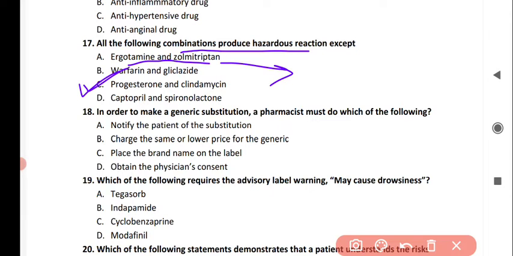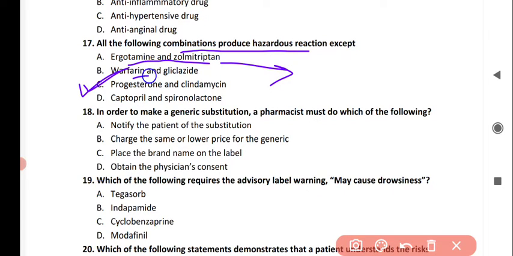If ergotamine is given with zolmitriptan, it significantly affects the pharmacokinetics of zolmitriptan and also its metabolites, so it will affect the actions of both of these.